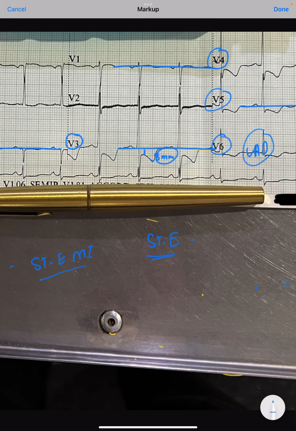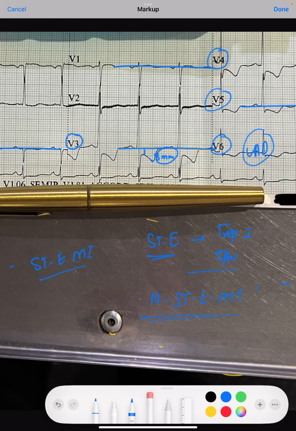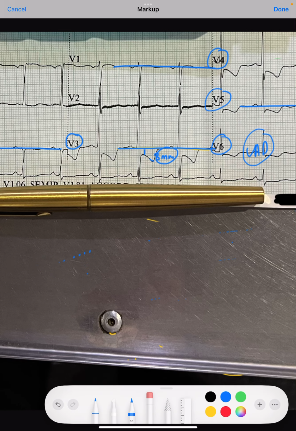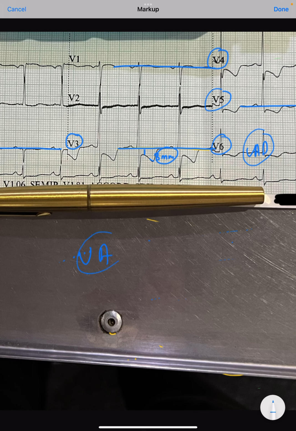So if the patient has these ST-T changes with positive troponin I or positive troponin T, then this is non-ST elevation MI. If the patient's troponin T, CKMB comes negative even after repeating the test after around 8 hours, then we will label this patient as unstable angina.